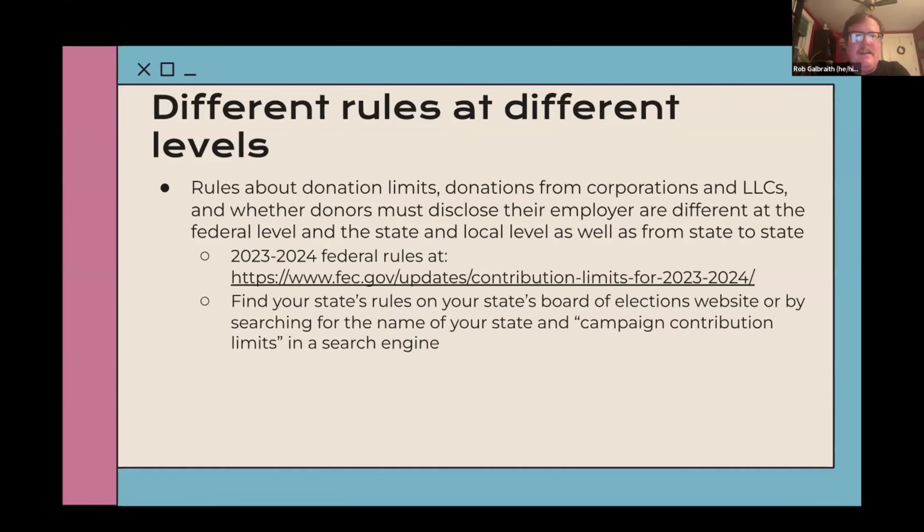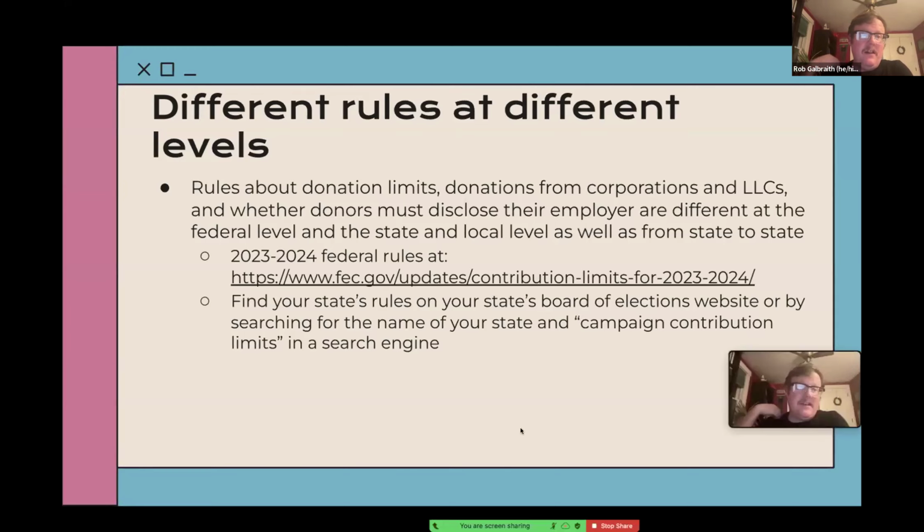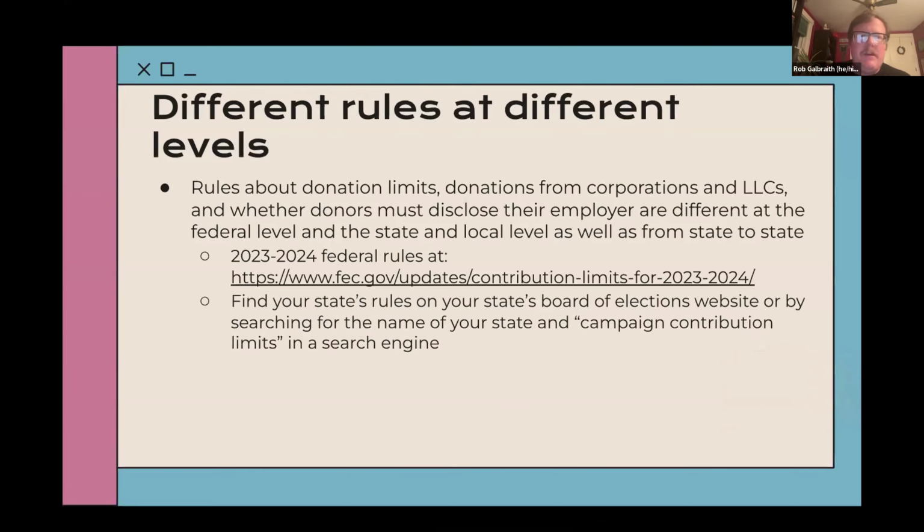You'll be able to click that link, and that'll go directly to the rules for this campaign cycle at the federal level. But you can also generally easily find your state's rules on your state board of elections website, which you can find by typing campaign contribution limits and the name of your state into whatever search engine you use.